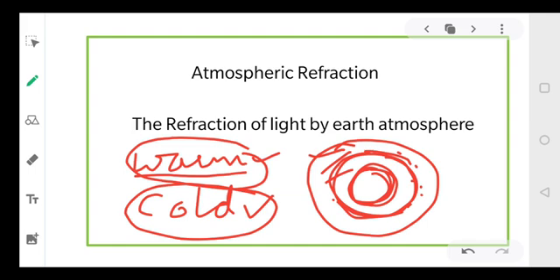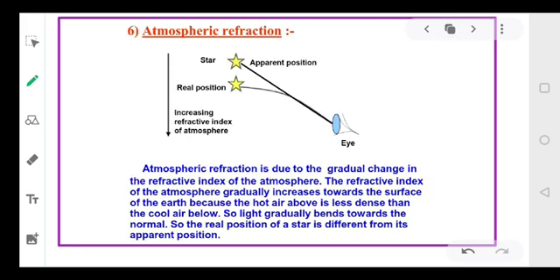So the refraction of light always occurs when it travels from space into the Earth's atmosphere. And this phenomenon, because it occurs in the atmosphere due to air, is referred to as atmospheric refraction.